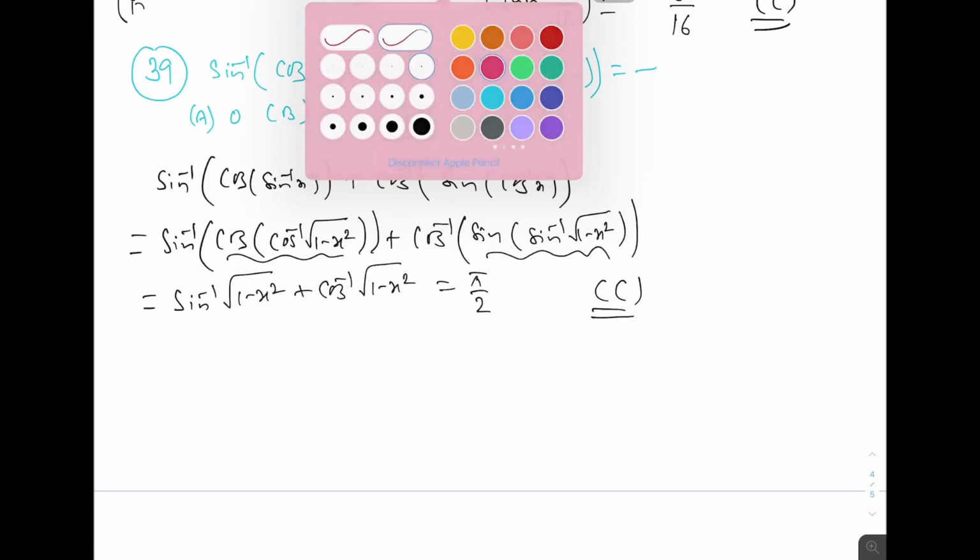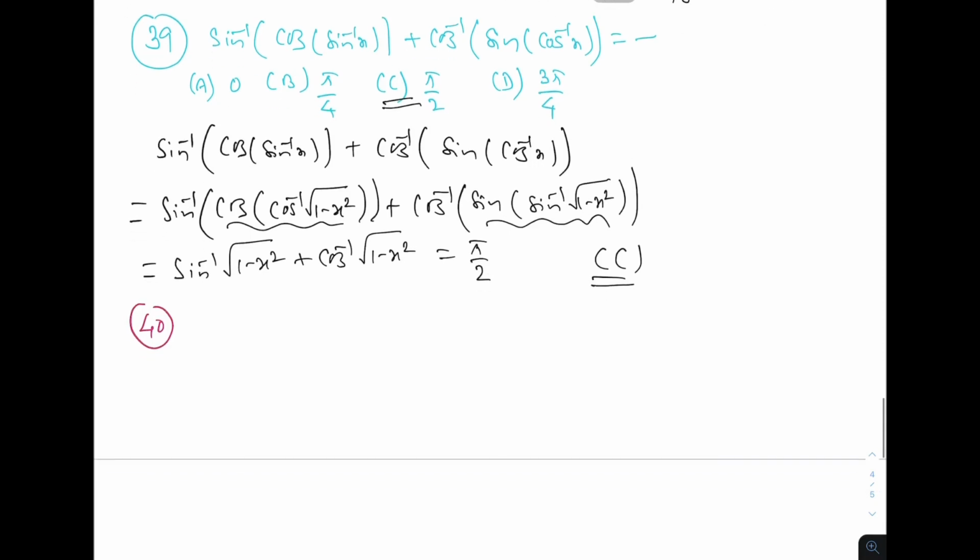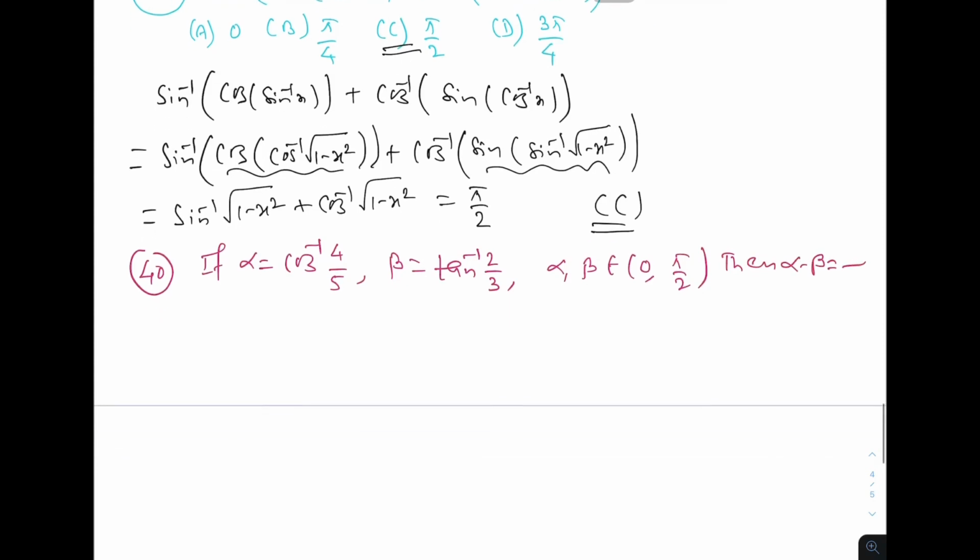Next, if alpha equal to cosine inverse 4 by 5, beta equal to tan inverse 2 by 3, alpha and beta are in 0 to pi by 2, then alpha minus beta is blank.